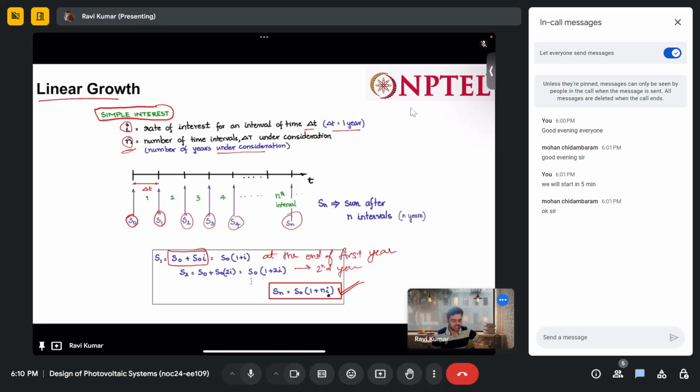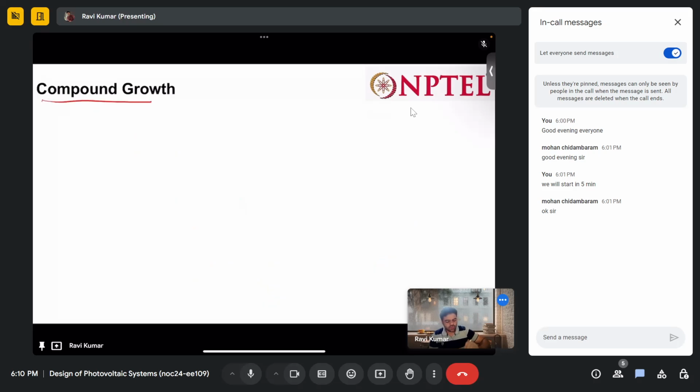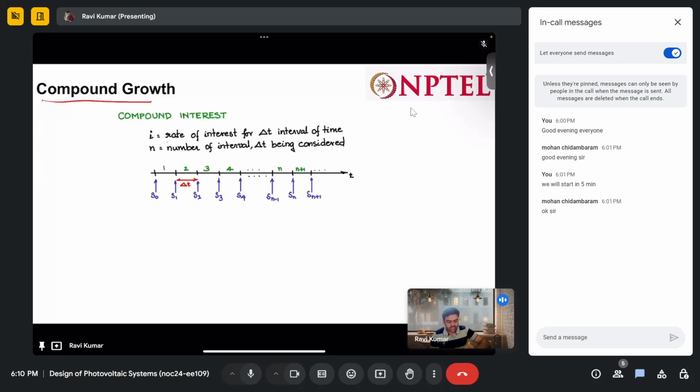Now we will see the compound growth model. We have the same thing: I is the rate of interest for the delta t interval, and n is the number of intervals delta t being considered. One interval, 2, 3, 4, up to n, and this is the amount initially, and then S1 after the first interval, second interval, third interval.